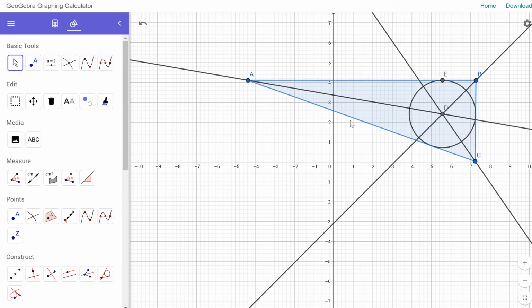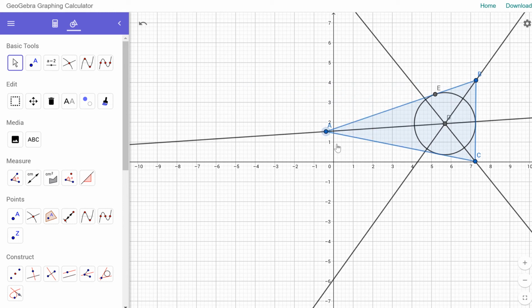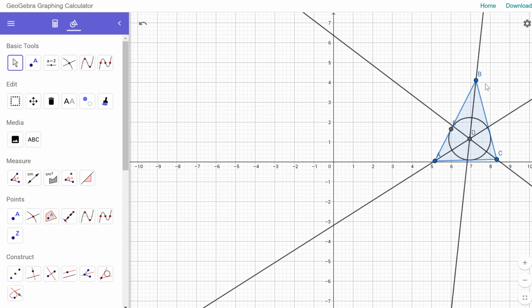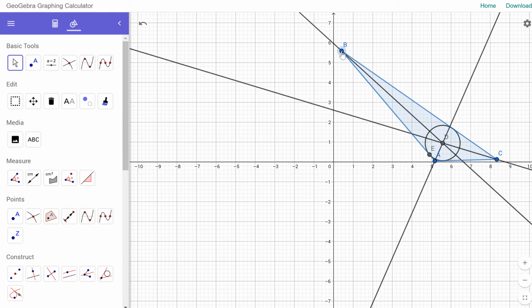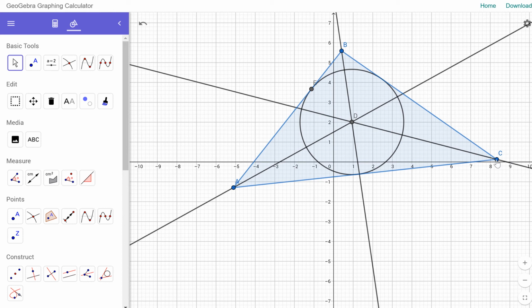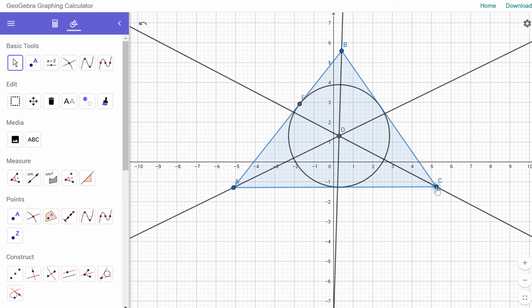There we go. There's a right triangle or an acute triangle. That incenter is always on the interior of our triangle. So no matter what we do to that triangle, we always have an incenter in the interior of the triangle.